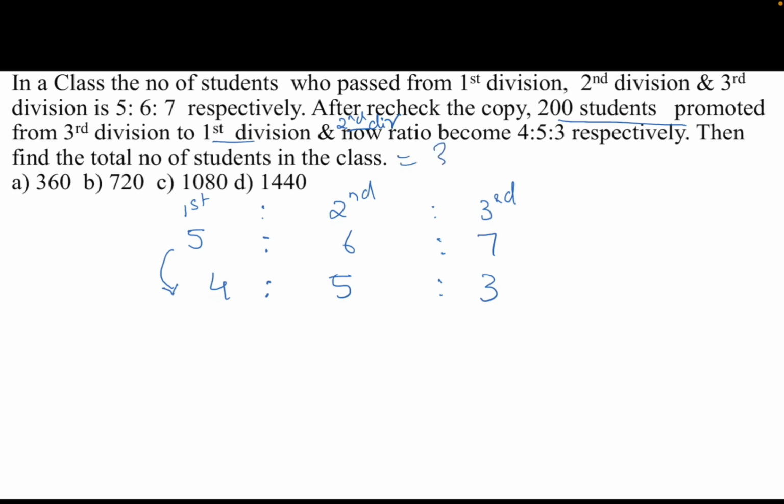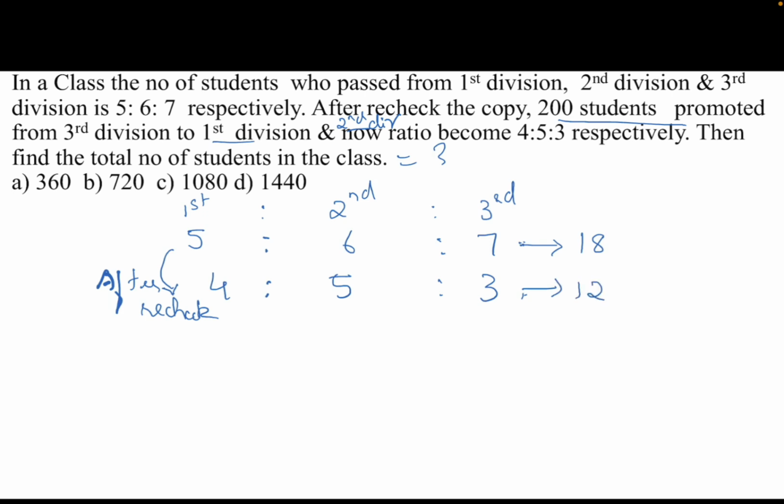Now after recheck, this was the ratio. Before recheck or after recheck, the total number of students should be the same. So the total of the ratio should also be the same. Now see here, the total ratio is how much? 12 plus 6 is 18, and here it is 9 plus 3 is 12.